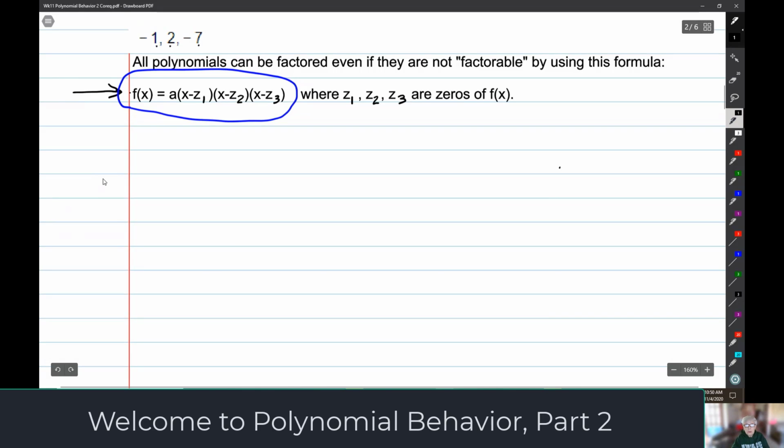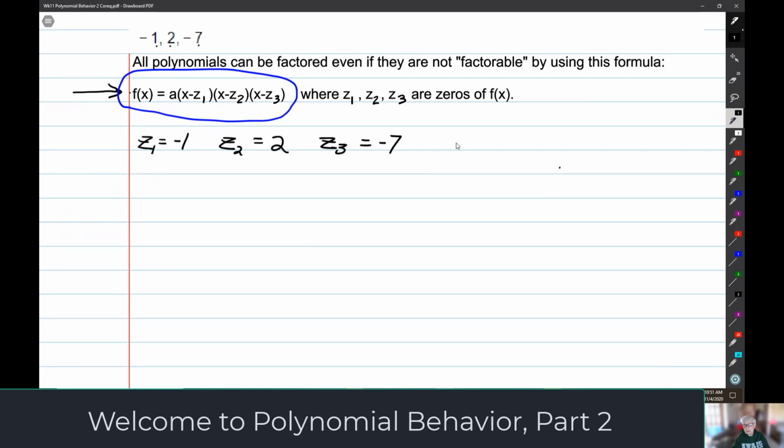You list your zeros like this. Z1 equals -1. Z2 equals 2. Z3 equals -7.